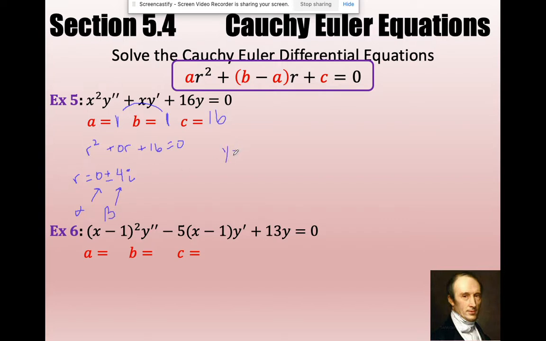So my solution is y equals c1 x to the 0 cosine of beta, the real component of the imaginary term, for ln x, plus c2 x to the alpha sine beta ln x.